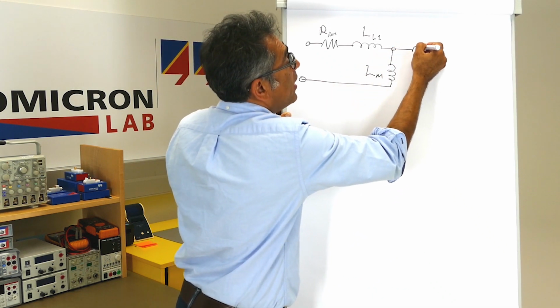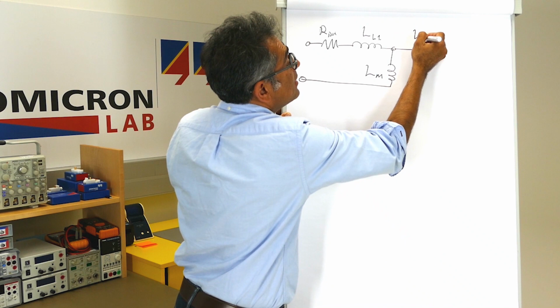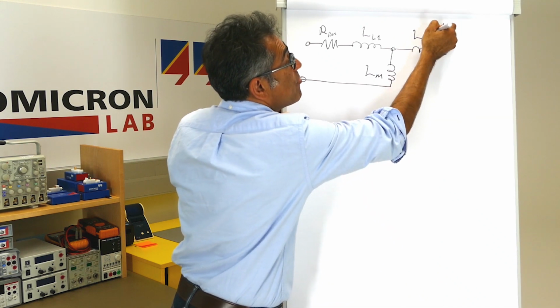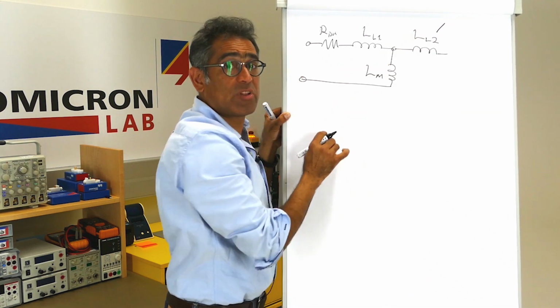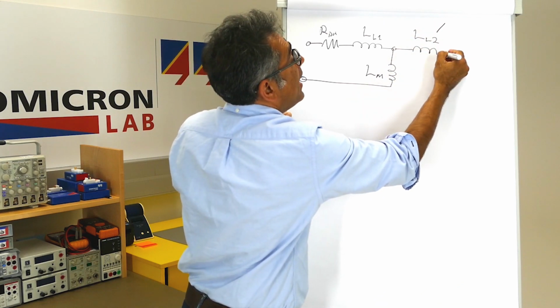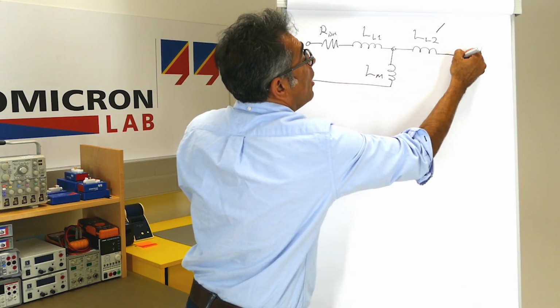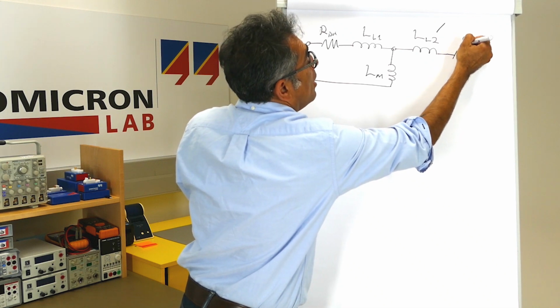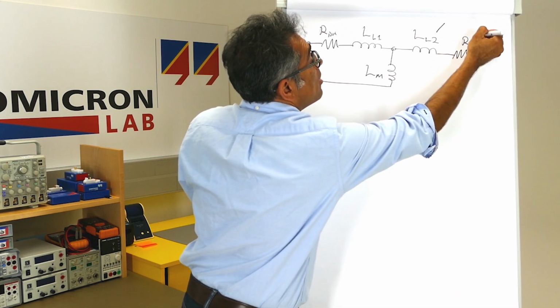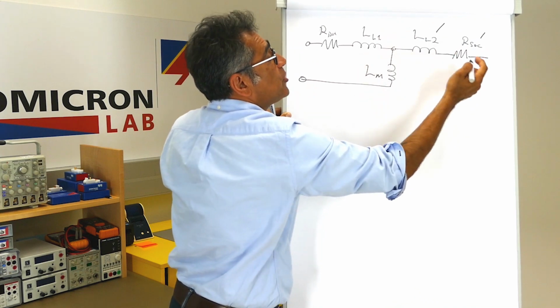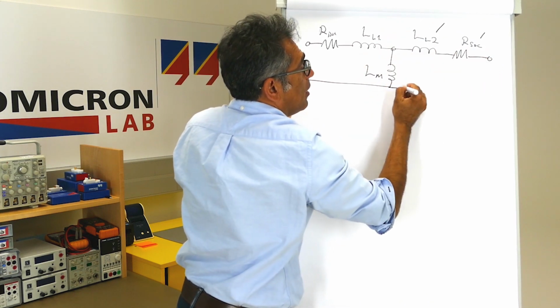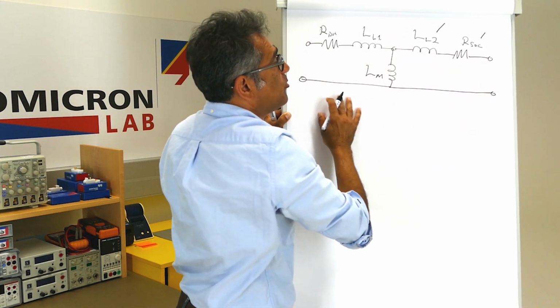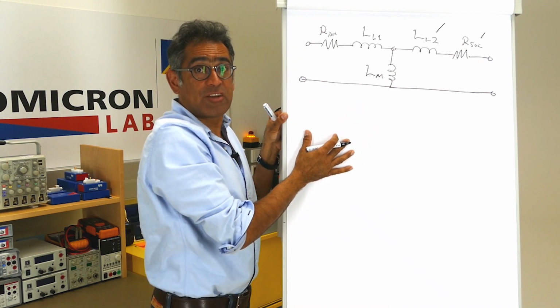Then I have my leakage of the secondary referred to the primary. That is what the prime here means. And then I have got my resistance of the secondary with a prime referred to the primary, and that is the simplified model of the transformer.